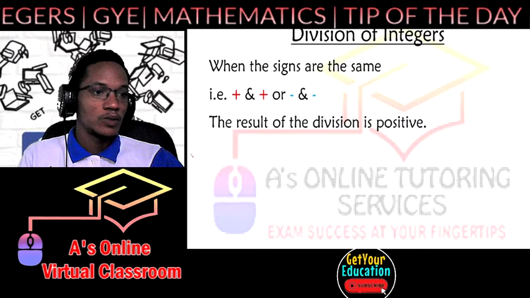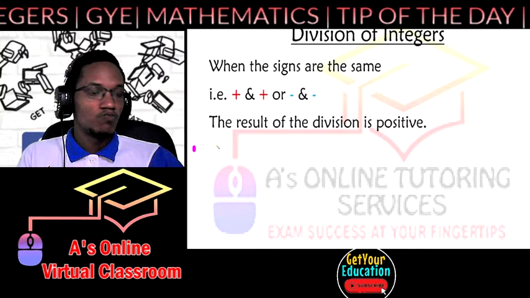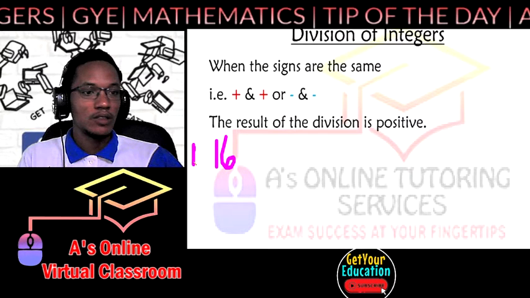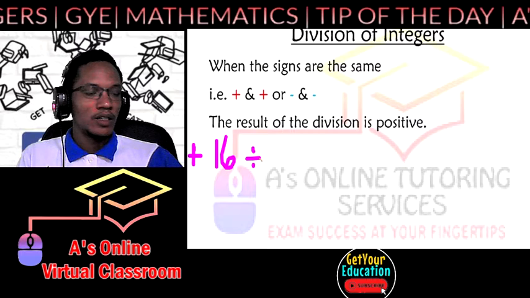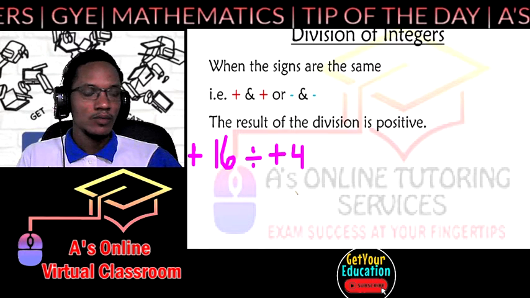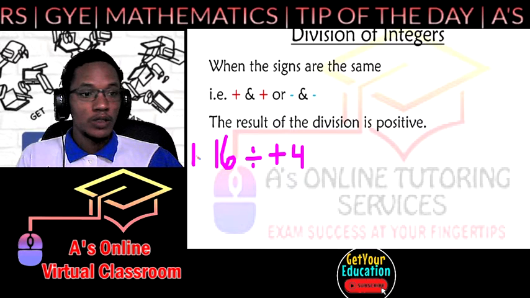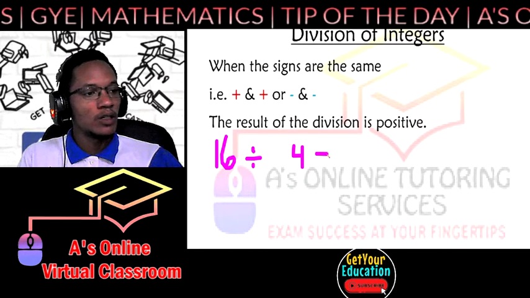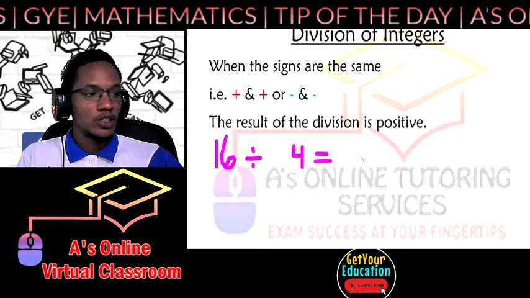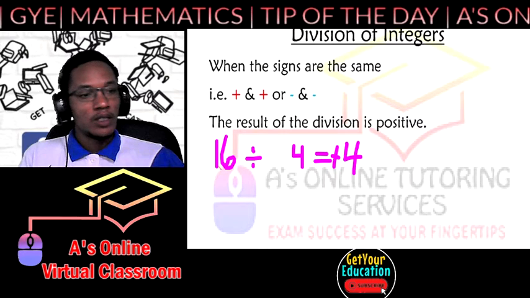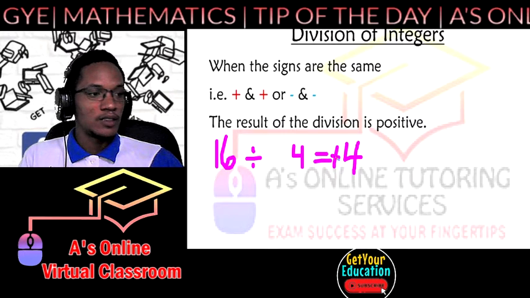We have positive 16 divided by positive 4. Normally we don't write the positive sign for positive numbers, so you'll just see 16 divided by 4, a normal division that we're familiar with. The answer is 4, and it's a positive 4. Signs are the same, positive answer.